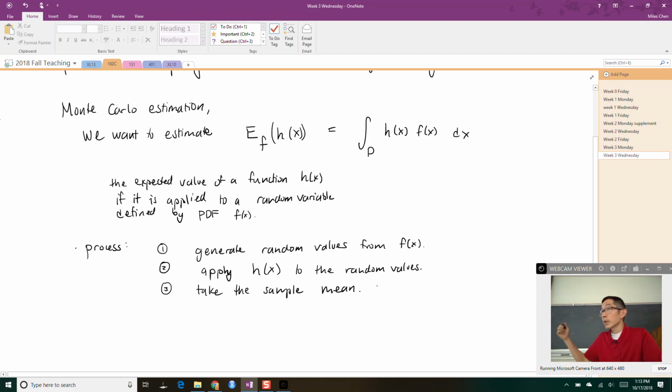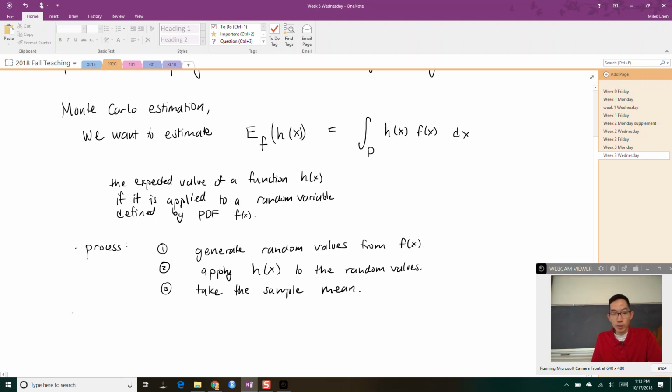Okay, so that process is, I'm hoping by this point, straightforward and it makes sense. It might involve a little bit of mathematical manipulation to get whatever function you're going for into the form of h of x, some function, multiplied by a PDF f.